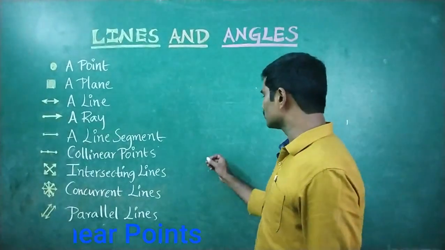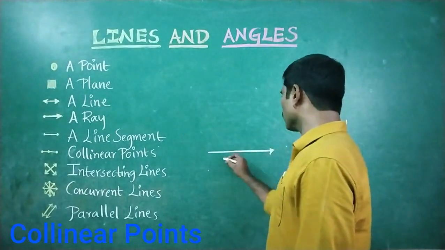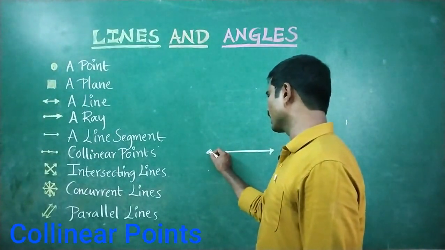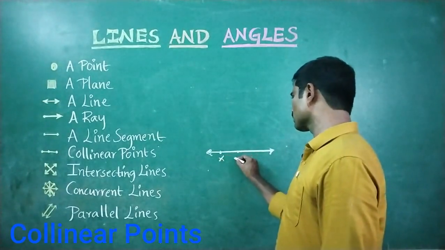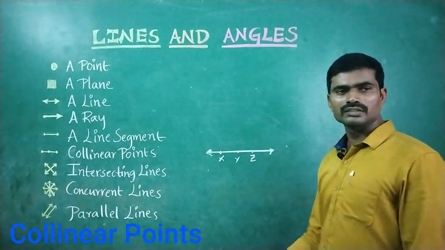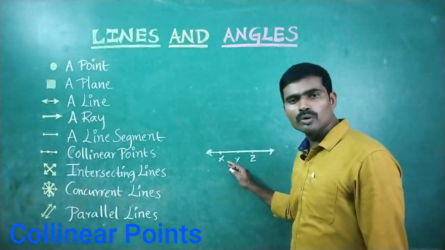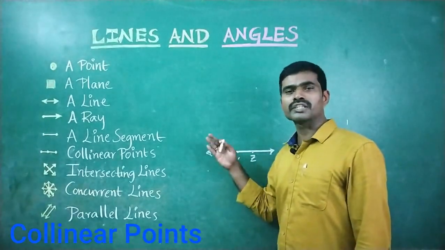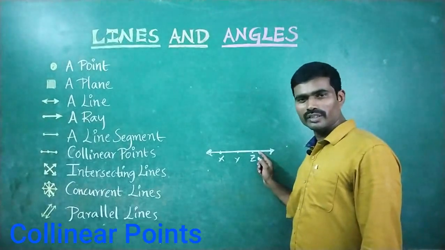Collinear points. If three or more points lie on the same line, suppose X, Y, Z, I take these three points. If three or more points lie on the same line, then these points are said to be collinear points.